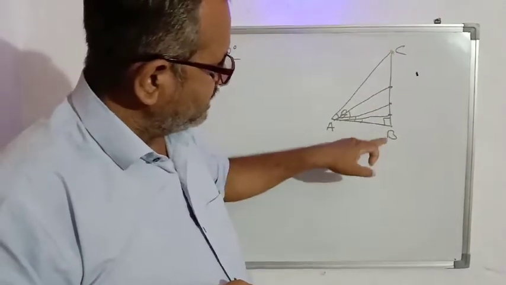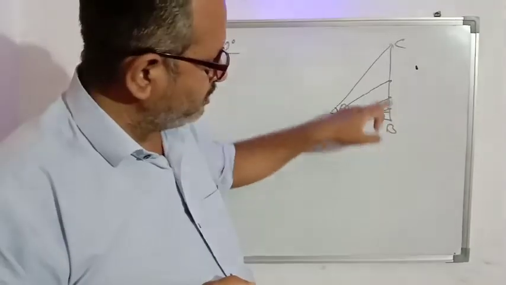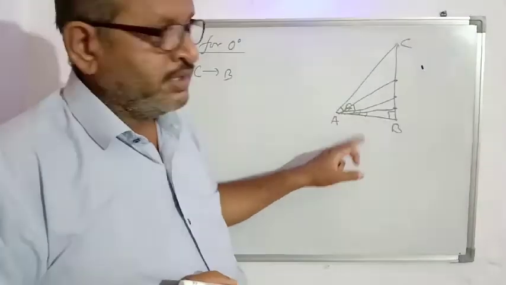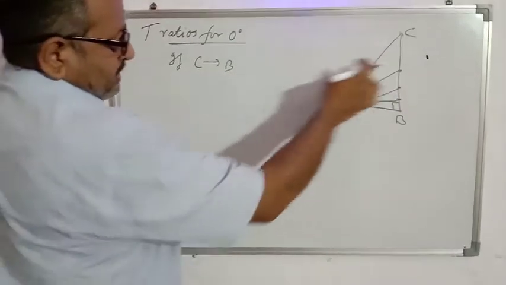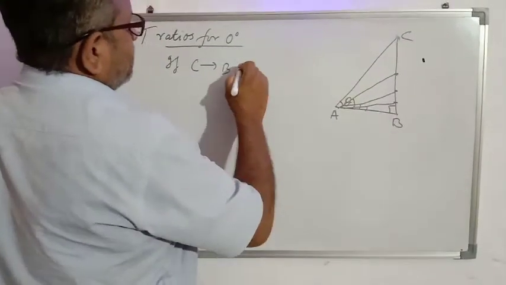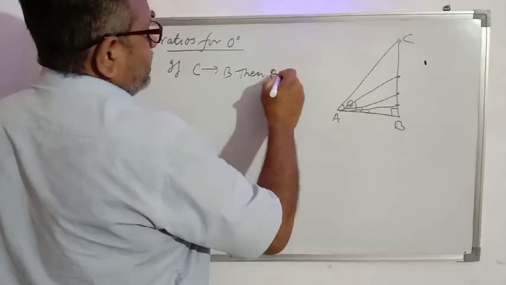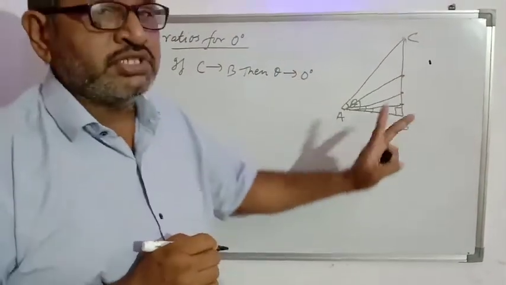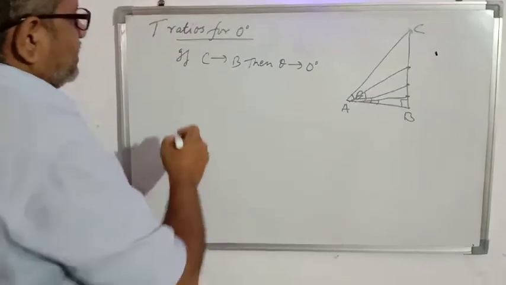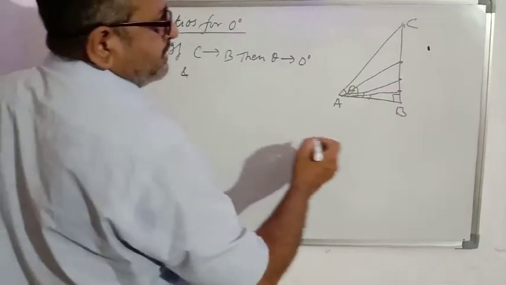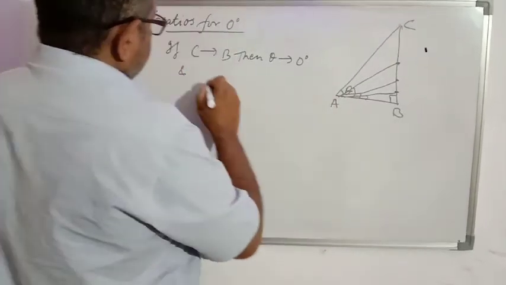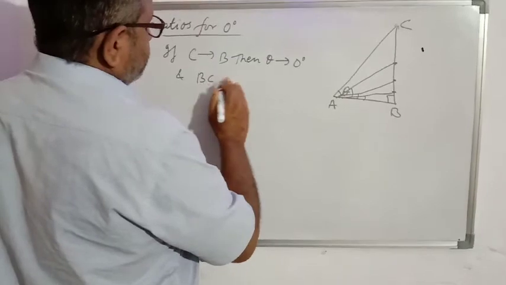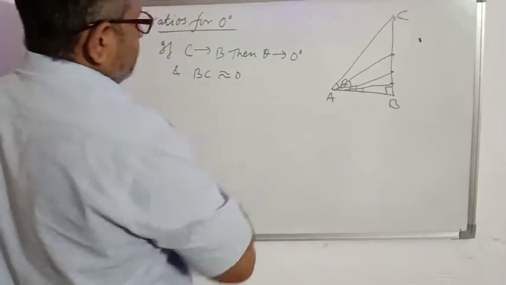And when C coincides with point B, meaning very close to point B, we can suppose theta is almost 0 degrees. So if C moves towards B, then theta tends towards 0 degrees. The value of theta will be almost 0 degrees. In that case, what will be BC?